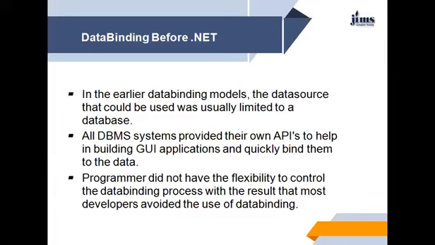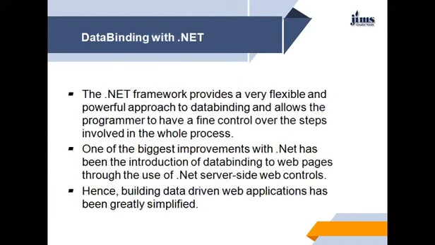Programmers did not have the flexibility to control the data binding process, with the result that most developers avoided the use of data binding. The .NET framework provides a very flexible and powerful approach to data binding and allows the programmer to have fine control over the steps involved in the whole process.